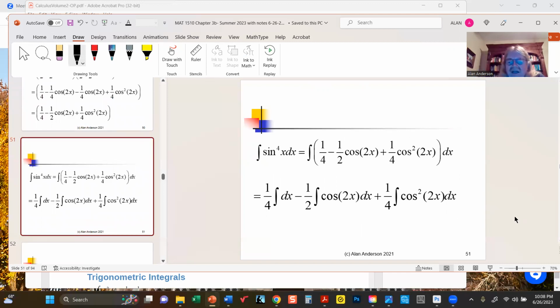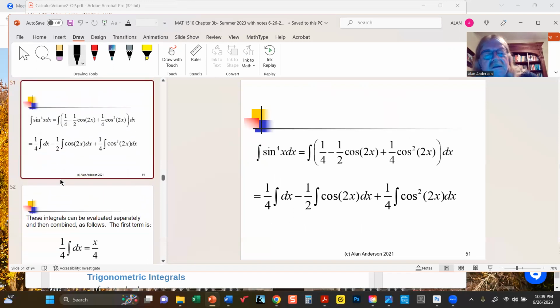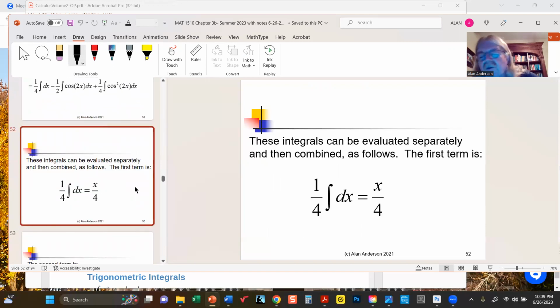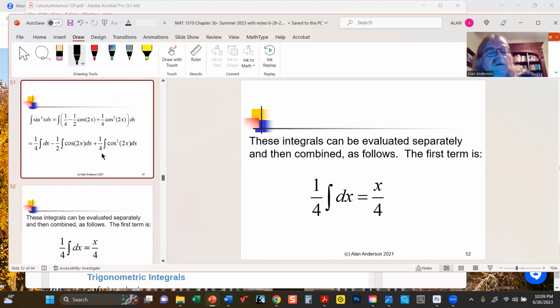Okay. Let's see. We have the integral of a quarter dx minus a half cosine 2x dx plus a quarter cosine squared 2x dx. Now this is where it can get very confusing. We've got three terms that have to be all integrated and then combined. So the first one is easy. Okay. What about this one?